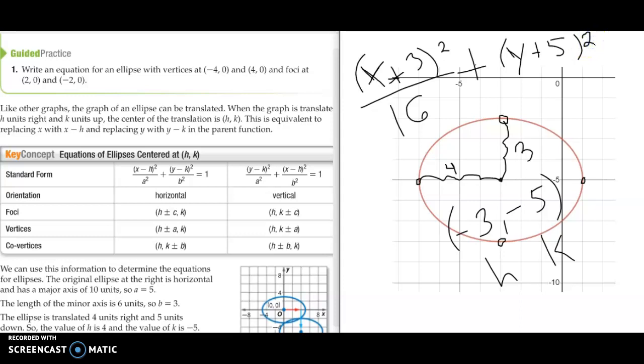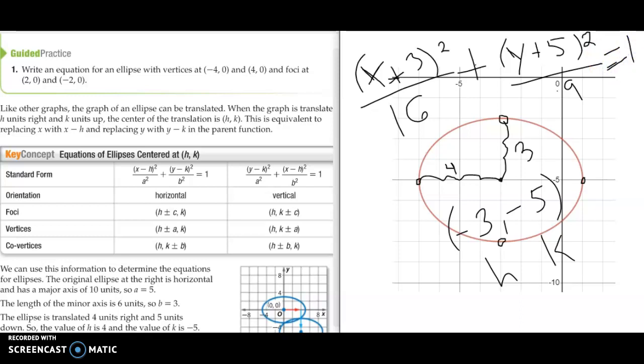There we go. And it's over the minor axis, half of the minor axis squared. So from the center to the covertex, we've already figured out that that's 3. So 3 squared is 9. And then it is always going to equal 1.